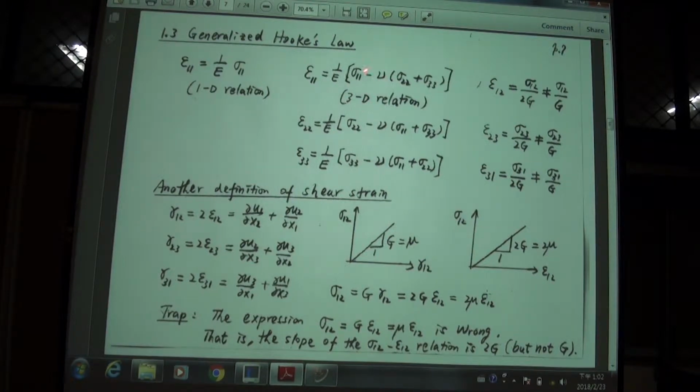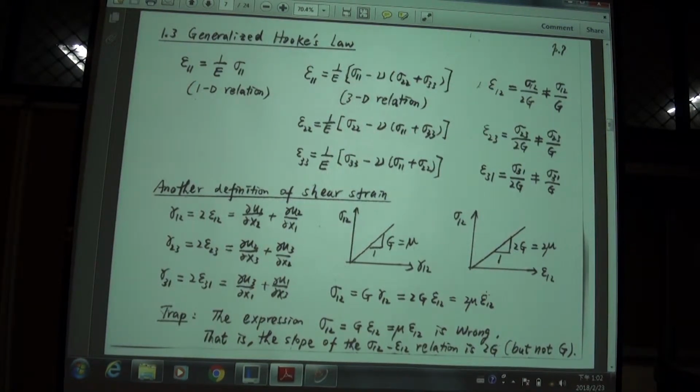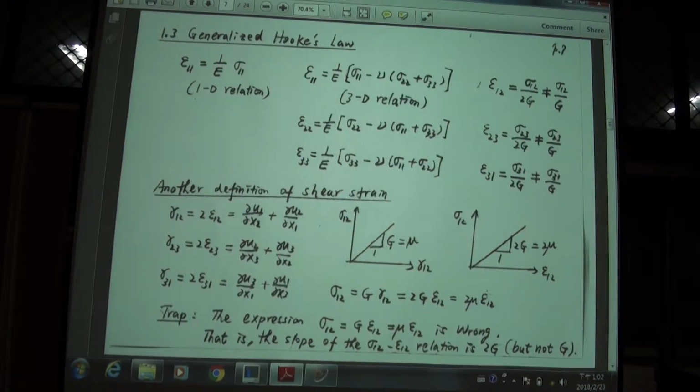Okay, so don't doubt such a generalization. This is correct. If you accept this, we can write down the similar relations in the x2 and x3 directions easily. Now we have completed the generalization of the normal strain and normal stress relation.